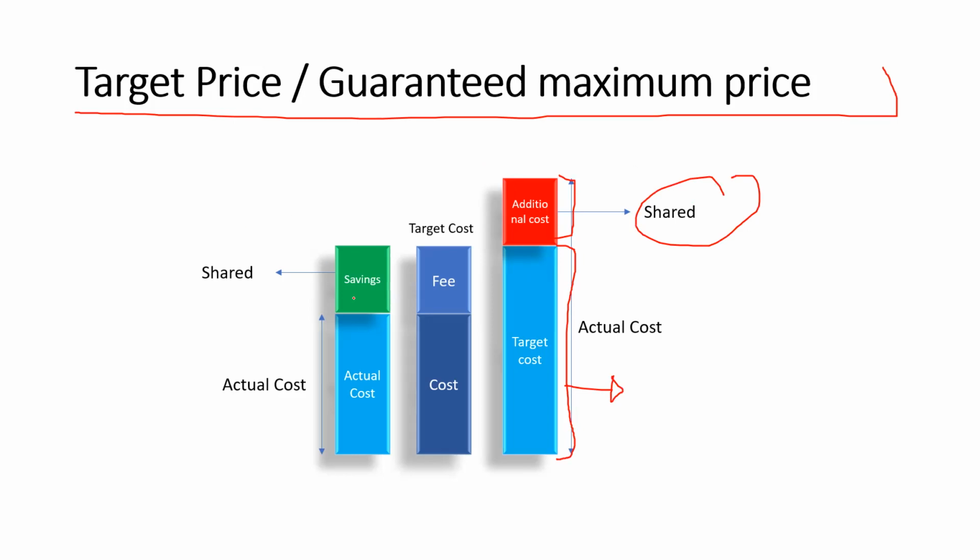And if the actual cost is below the target cost and we still complete, then the savings are also shared between the buyer and the seller. So this is a good model for most of the agile projects where we develop new products.